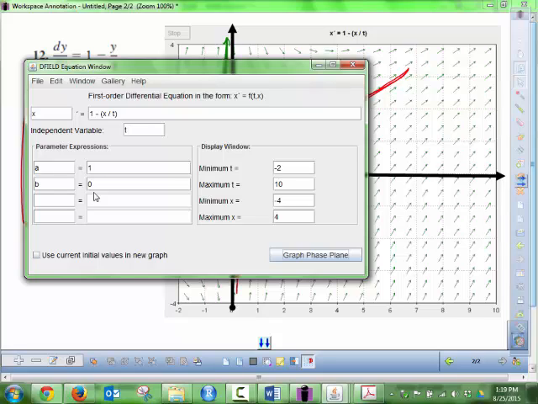So I'll let you find that yourselves. Just do a search, and you'll come up with all these programs that are available, and a few of those programs have initial condition options for these slope fields. All right. Any questions? Yes.